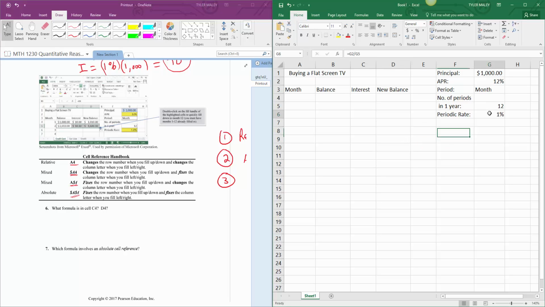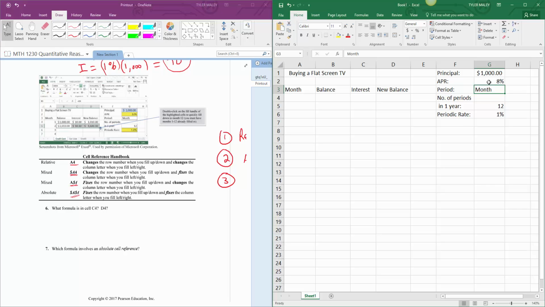The benefit of typing in this cell reference like this is, let's say my APR suddenly changes. Maybe I'm able to get the loan for 8% at another store. Then I could just type in 8% into here, and suddenly everything is recalculated.